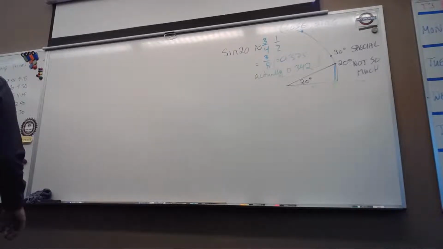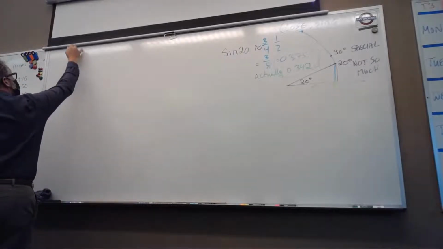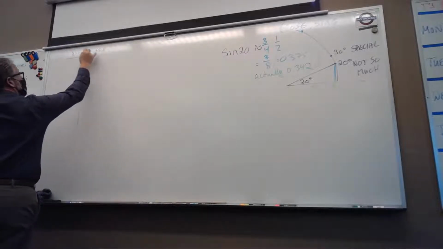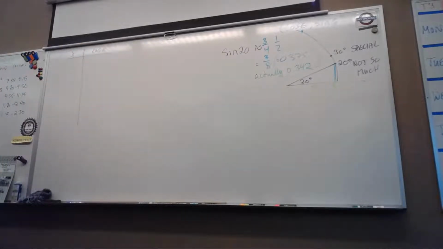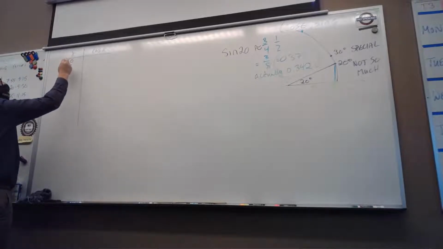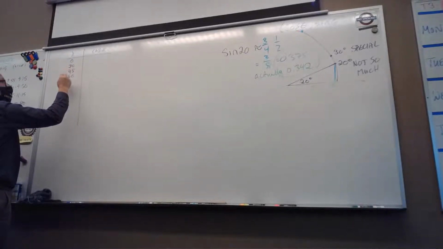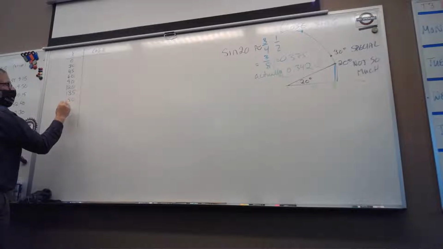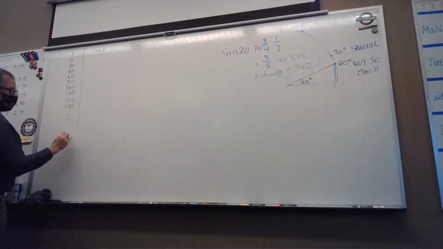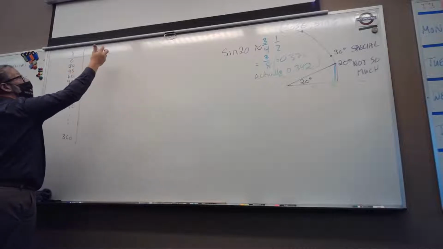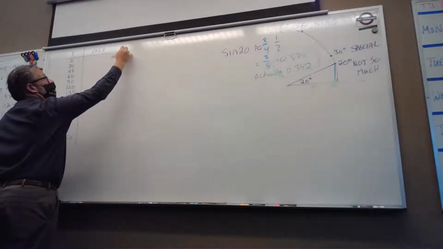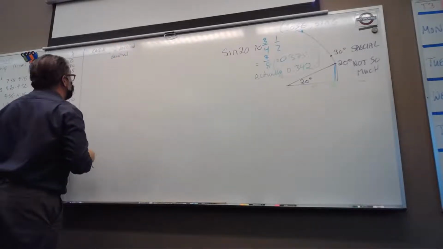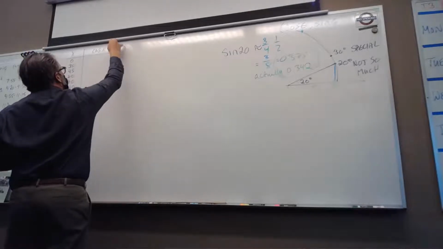I want you to make a table of values from your unit circle. 0, 30, 45, 60, 90, 120, 135, 150, 180, and so on, all the way to 360. Decimal, 2 decimal places.